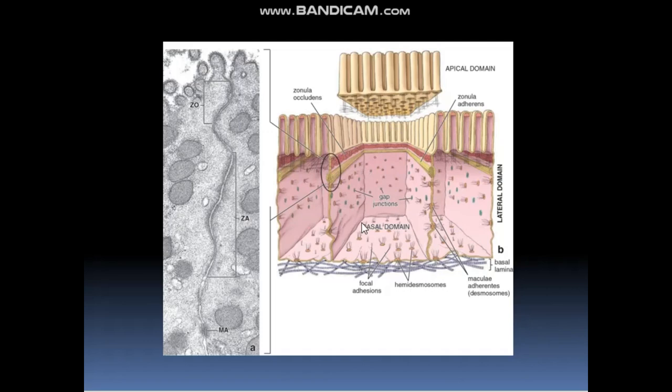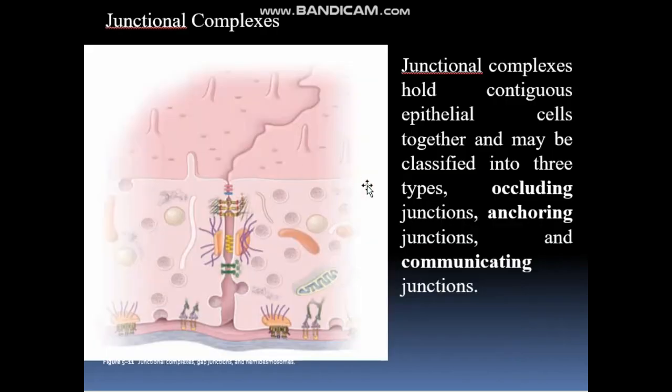Now let's go to the lateral specializations of the epithelial cell. In the lateral cell membranes, there are specific intercellular junctional complexes. Here we can distinguish three types of intercellular junctions. Let's look at the next illustration.